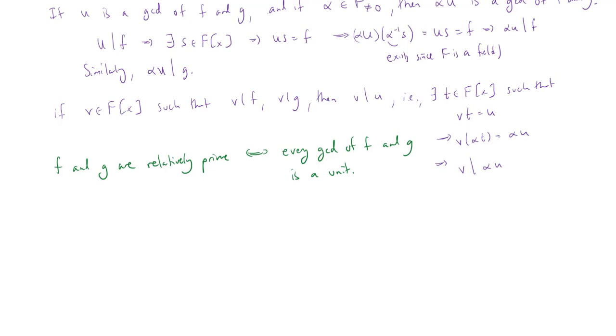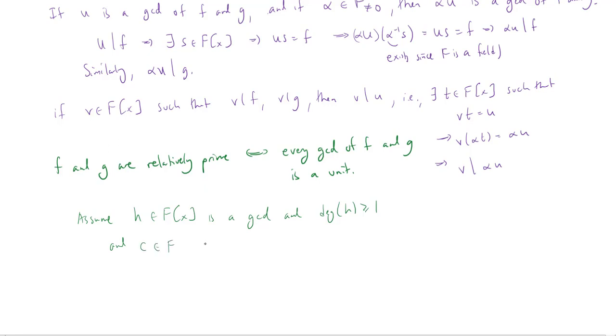So let's assume H is a GCD, and the degree of H is at least 1. And let's also assume I have some unit as a GCD, which we'll call C, in F, is a GCD. Of course C is not going to be 0.